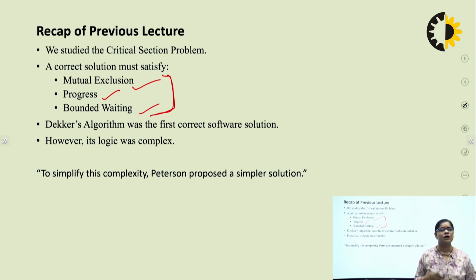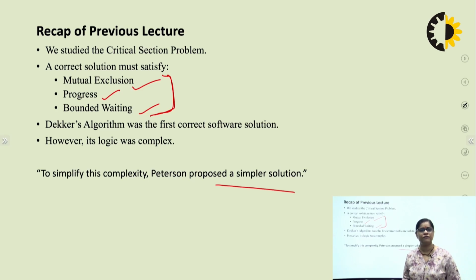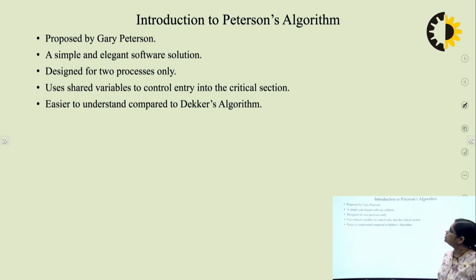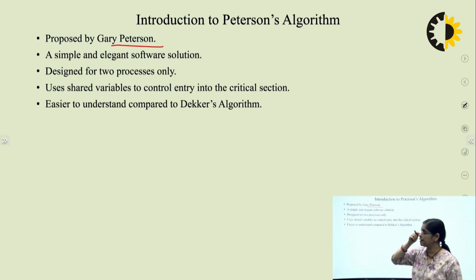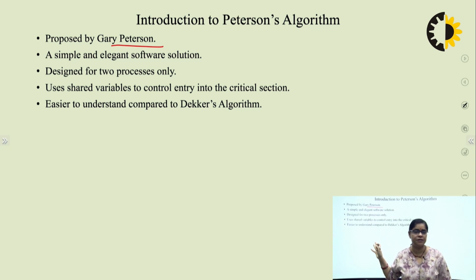To simplify this complexity, Peterson proposed a simple solution, which we call the Peterson algorithm. It was proposed by Gary Peterson, and the algorithm is named the Peterson algorithm after him.